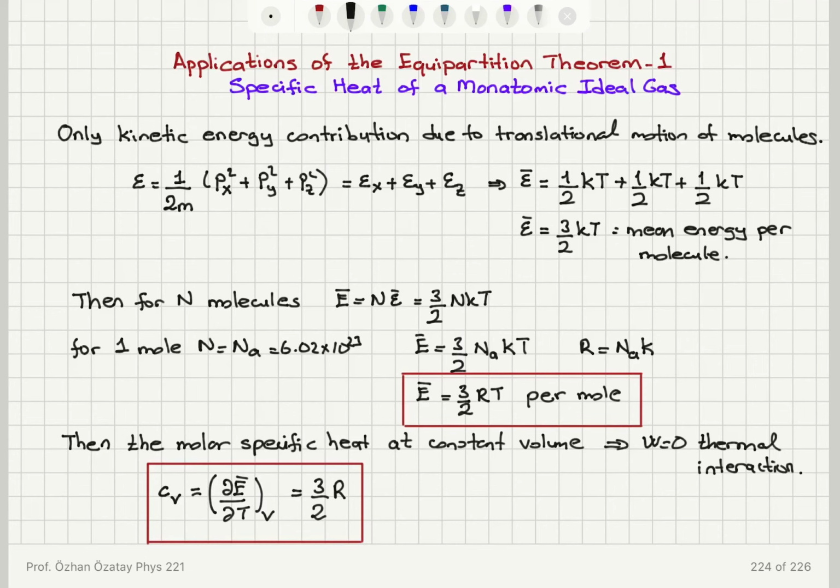According to the equipartition theorem, the mean values should be 1 over 2 kT per degree of freedom that has a quadratic contribution to energy. So 3 over 2 kT is the mean energy per molecule. For capital N molecules, 3 over 2 NkT. For 1 mole, 3 over 2 RT, and the molar specific heat at constant volume, so that we have only thermal interaction, will give us 3 over 2 R for the case of a monatomic ideal gas.